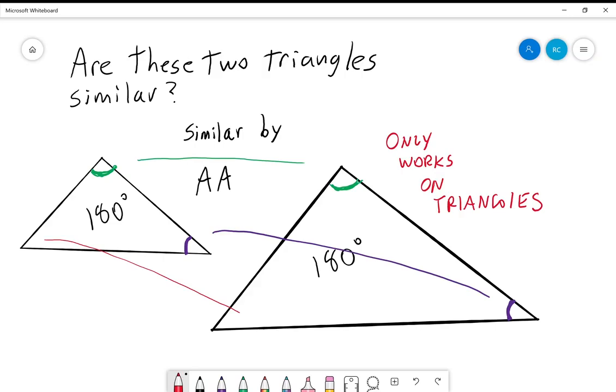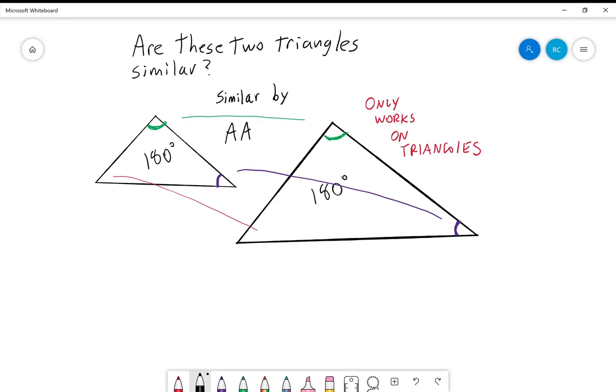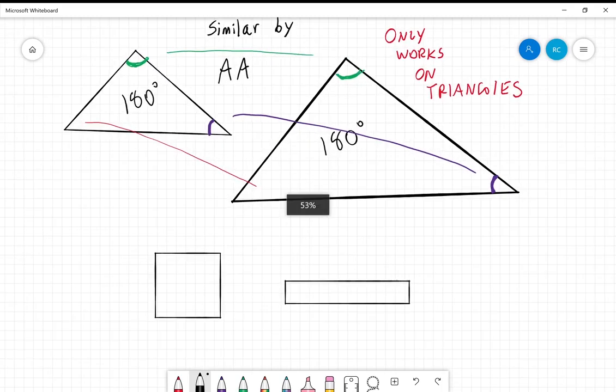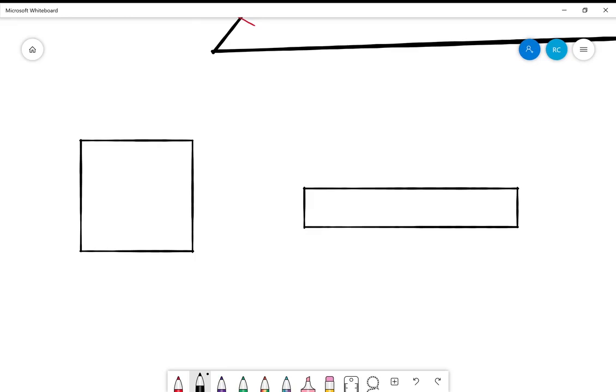For example, let's take a look at this rectangle, which also happens to be a square, and this rectangle, which is much longer and much skinnier. Actually, let's see if I can make one that the whiteboard will actually recognize as a rectangle. There we go. So I've got these two rectangles. They're clearly rectangles. Yes, we have a right angle, a right angle, a right angle, a right angle.